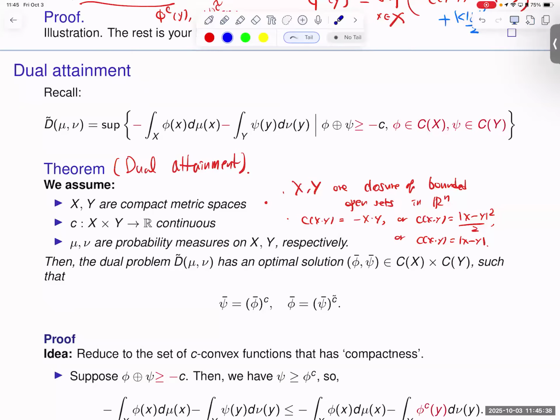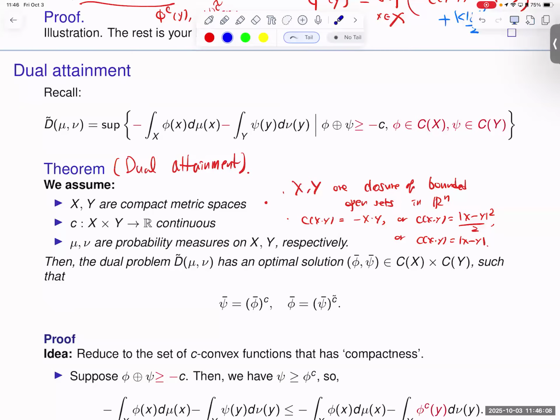So the idea is to find some subset of this feasible set such that in that subset, two things hold: the subset is compact, so that the corresponding objective function will have an optimal solution, and the optimal value is still equal to the original optimal value. Okay, so that's the idea. Get it?